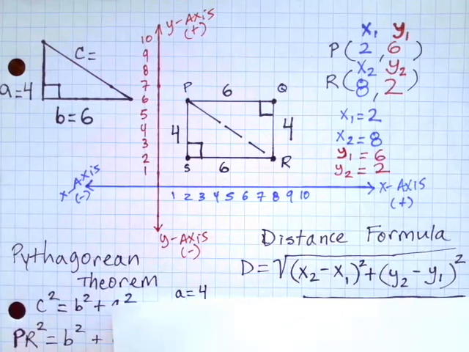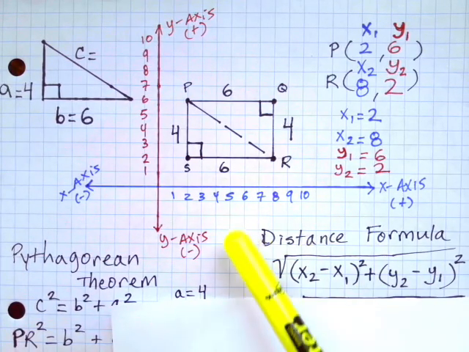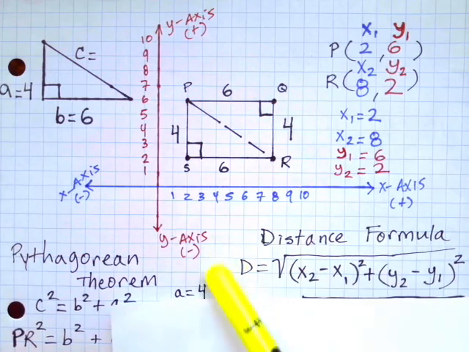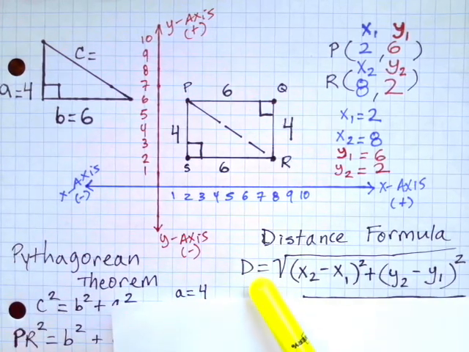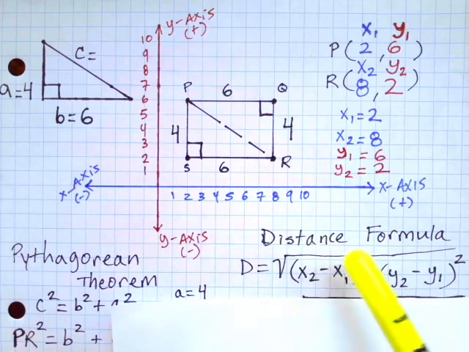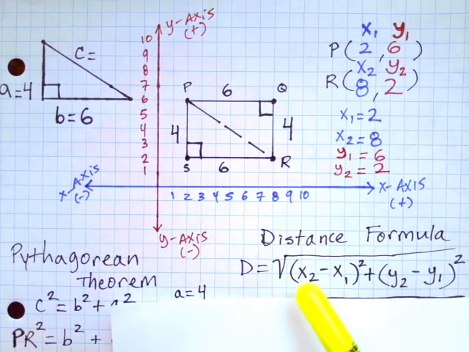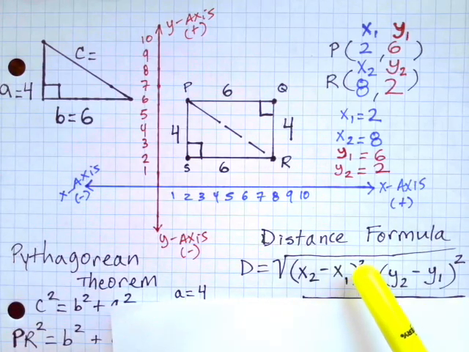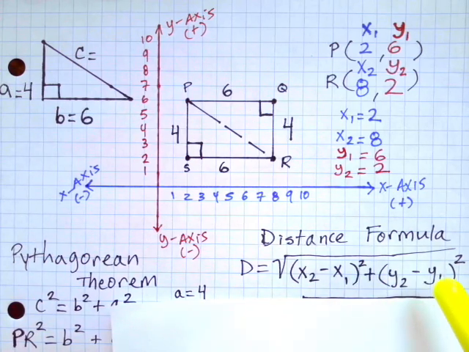So in order to use the distance formula, if you look with me down here, distance equals the square root of x2 minus x1 raised to the second power plus y2 minus y1 raised to the second power.